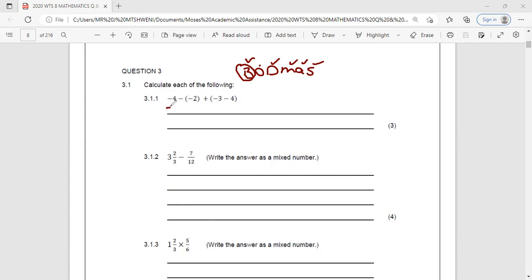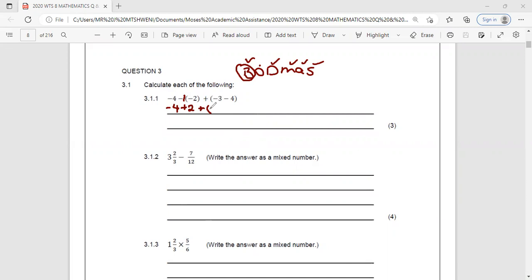All right. -4. Negative multiplied by negative gives you a positive 2. Or you can simply say, wherever there's a negative attached to a bracket, you simply put a 1 and say -1 multiplied by -2, you get a +2. Now, -3 minus -4.